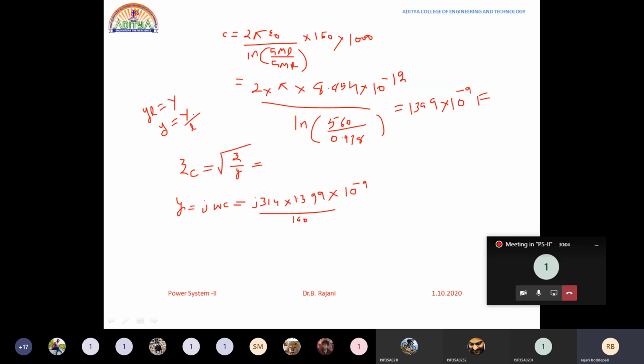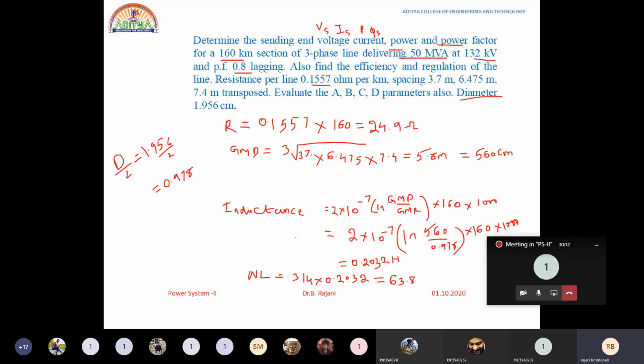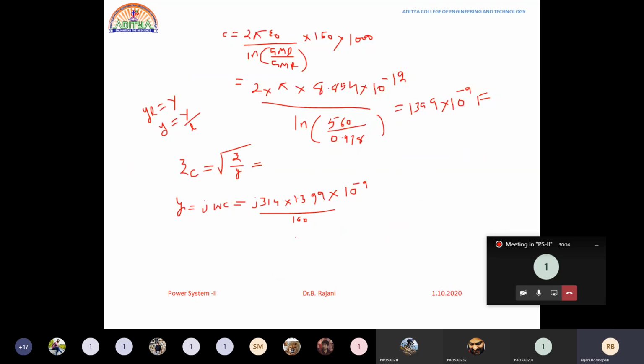This is the admittance value I have already calculated in the previous slide. The capacitance value is nothing but this value I have got. 1399 by 160 I am doing, multiplied with j omega, that is j into 314 into this one by 160. Then I will be getting the small y.